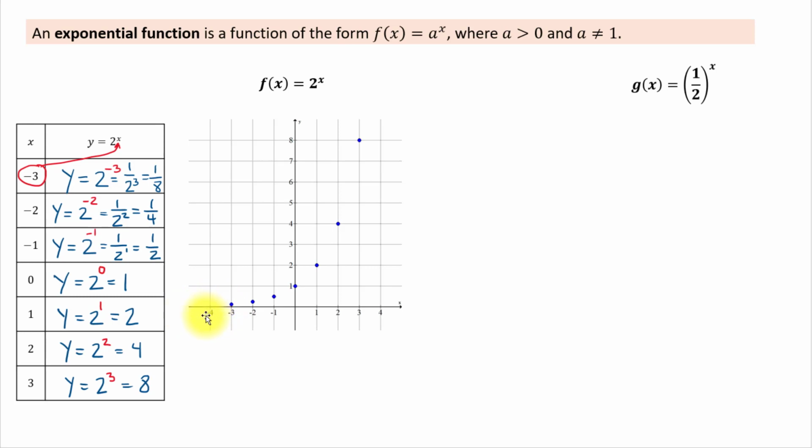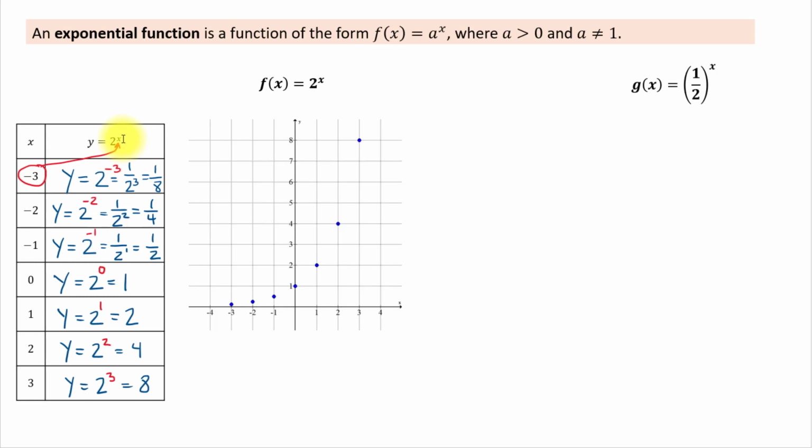If I pick smaller and smaller x values like -4, -5, -6, and plug them into the function, what kind of y values will I get? Well, all those negative x values become powers of 2, and we just talked about how when we apply a negative power, we have to rewrite the expression as 1 over 2, and then the power becomes positive in the denominator.